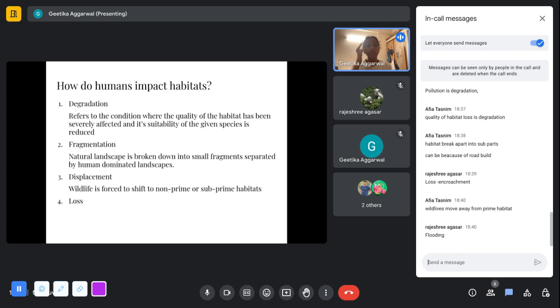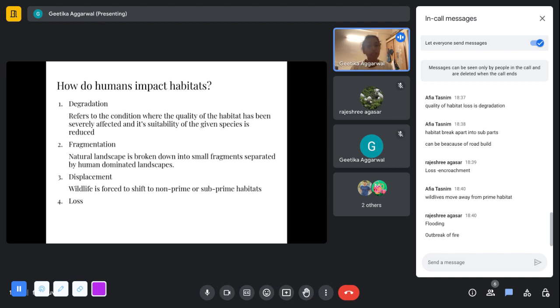This could happen because of flooding, because of, say, humans building a dam and now there is flooding of that area. The entire area is underwater, submerged in the reservoir water, and then the species will be forced to migrate or displace away from that area so that they avoid these water submerged lands. It could also be because of cattle grazing.